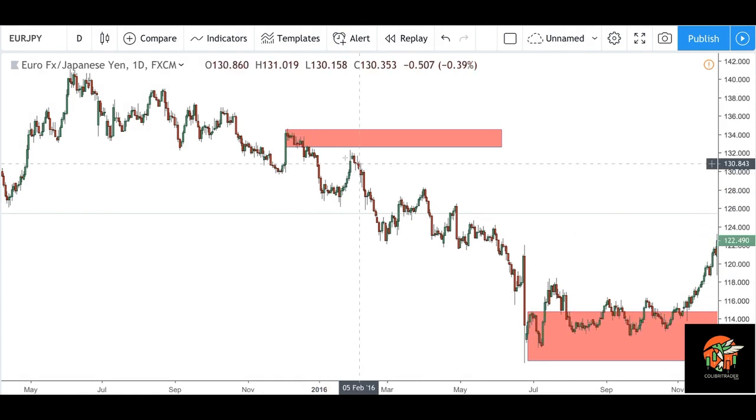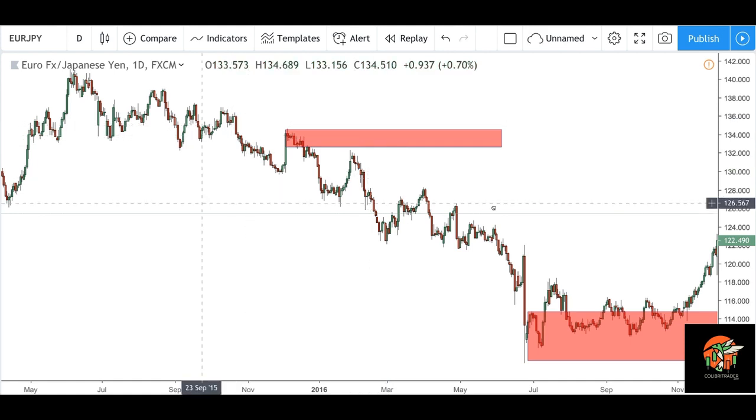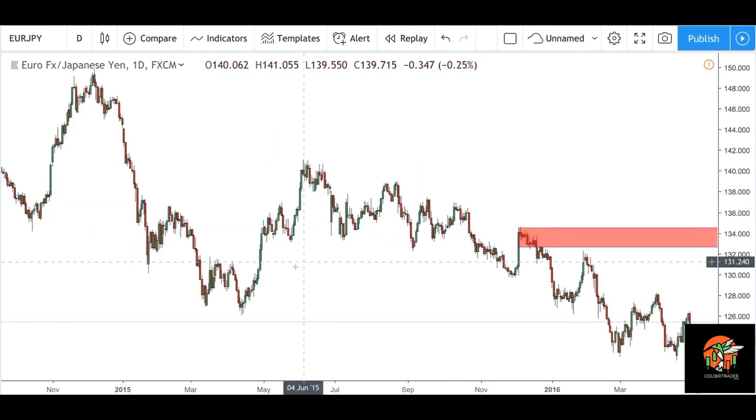Using my trading strategy, I wouldn't have necessarily traded this one, since I like to see the price at least in the middle of the supply zone, or ideally above the upper range of this rectangle.